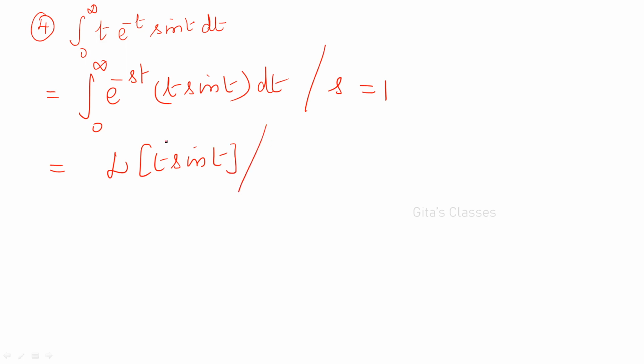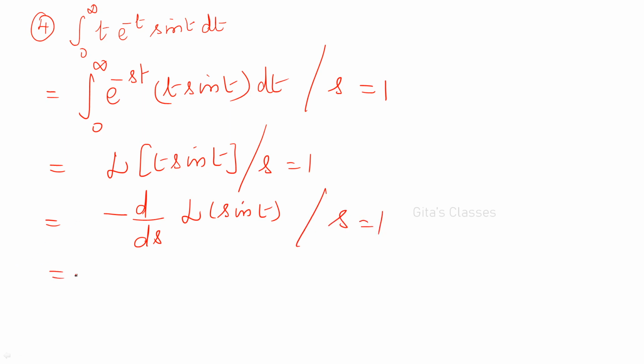By definition, L of t sin t at the point s is equal to 1. Now it is multiplied by t, which means minus d by ds of, without t find the Laplace transform, that is L of sin t, and differentiate with respect to s once, because it is multiplied by t, at the point s is equal to 1.